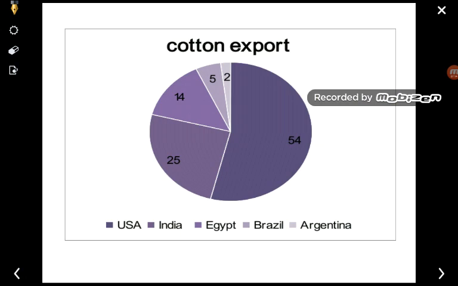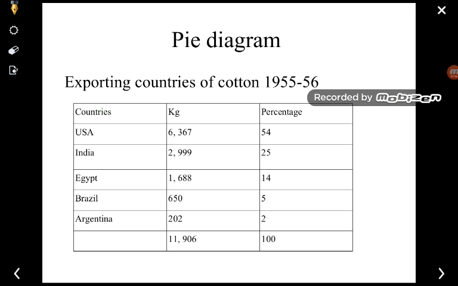So we have already converted into the percentage. Whatever values are given to you should be converted into percentage. You know how to convert into percentage: the USA exported value divided by the total value, into 100, will give you the percentage.